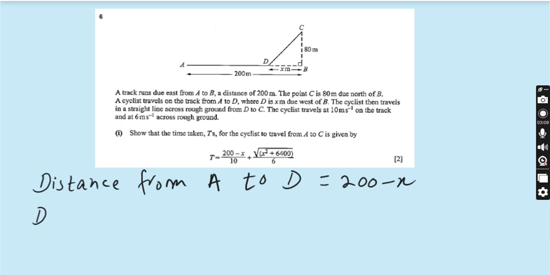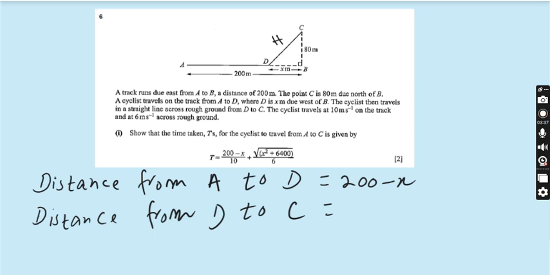Now find the distance from D to C. You can see triangle DBC is a right angle triangle, so you can use the Pythagoras theorem. What is Pythagoras theorem?